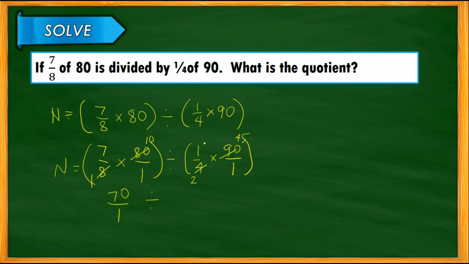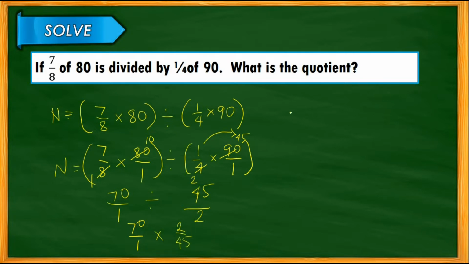So 1 multiplied by 45, the answer would be 45, and then over 2 times 1, the answer is 2. And we're going to divide 70 over 1 by 45 over 2. So keep 70 over 1, change the operation to multiplication, and flip 45 over 2 to 2 over 45.